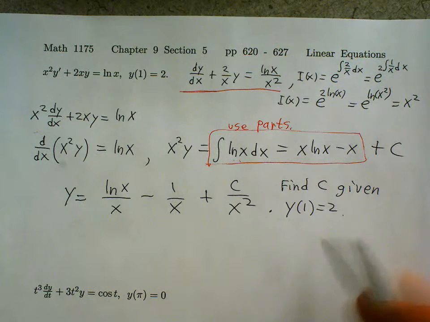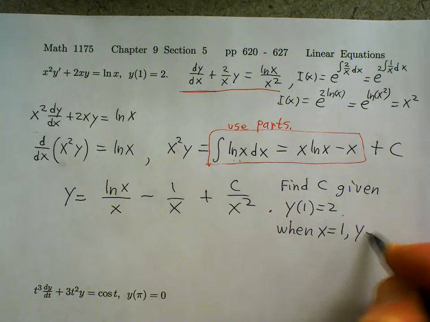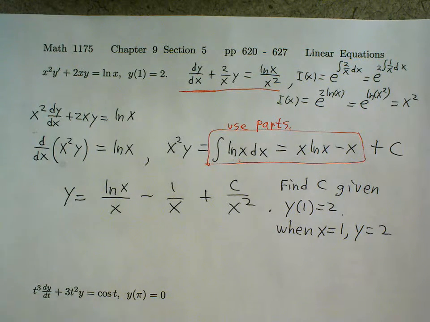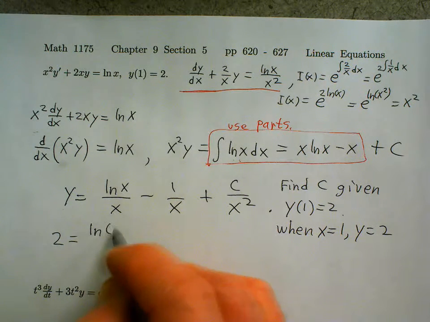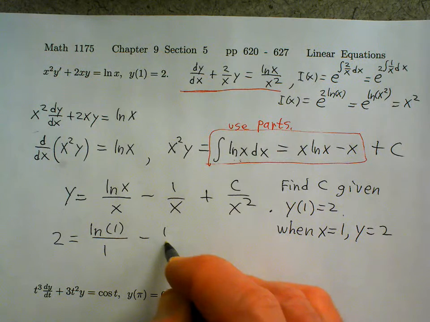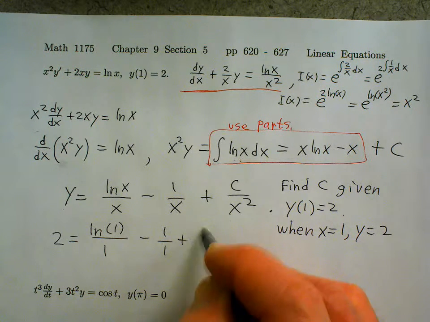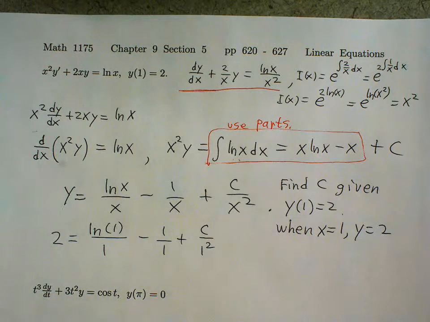If y of 1 equals 2, that means when x equals 1, y is equal to 2. So we replace y with 2, replace every x with 1, and determine what the value of c is. The natural log of 1 is 0, so we're left with 2 equals negative 1 plus c.